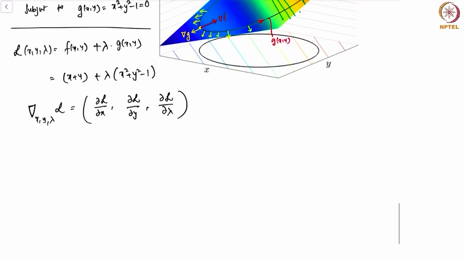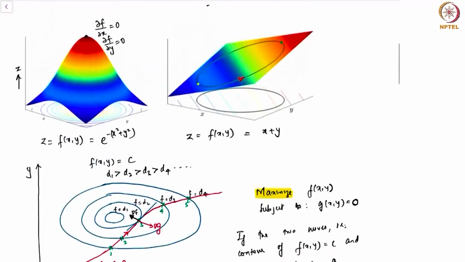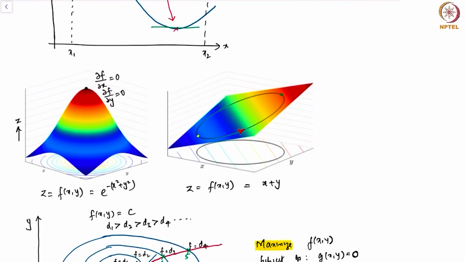We're just trying to find out the stationary points of this. How do we find the stationary points of a function? We set all the partial derivatives of that function to 0. This is exactly what we had done to determine, let's say, the maxima of this Gaussian. The maximum of this Gaussian f of x comma y is simply obtained by setting all the partial derivatives of this function to 0, and it's a function of two variables x and y. Therefore, both the derivatives are set to 0 and we get the tangent plane.